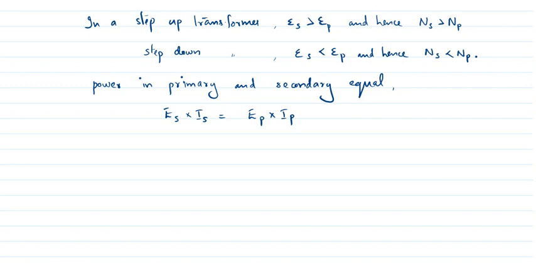So we take the ratio I_P by I_S, which is equal to E_S by E_P, and from the earlier equation we know epsilon S divided by epsilon P is equal to N_S by N_P, which is equal to K.